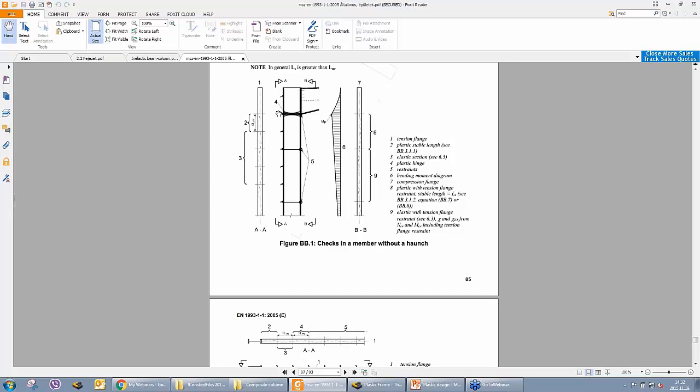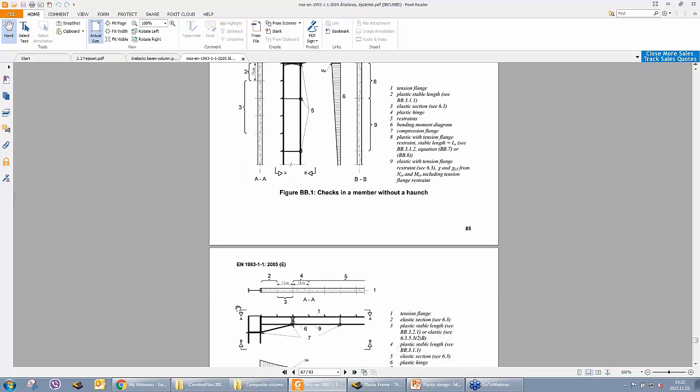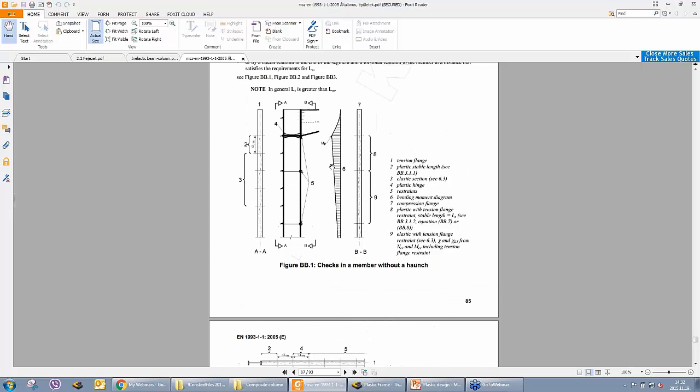So eccentric lateral restraints at the tension flange, at this region where we have the outer flange tensioned. And at some positions we can have inner flange restraints as well, so compression flange restraint, and this restraint in the cross section is a torsional restraint as well.